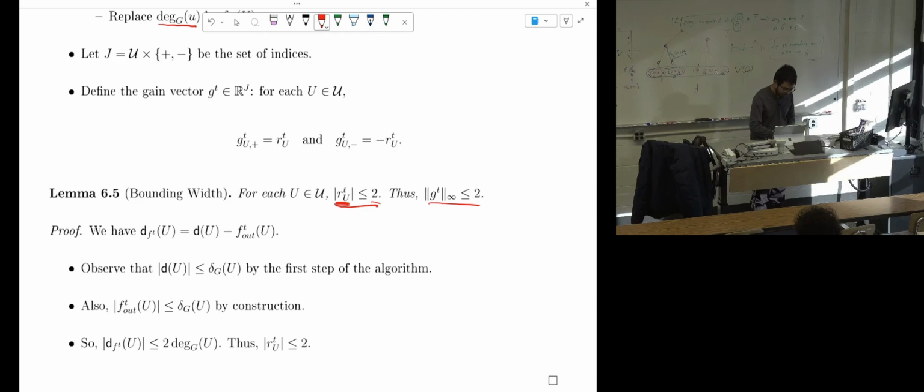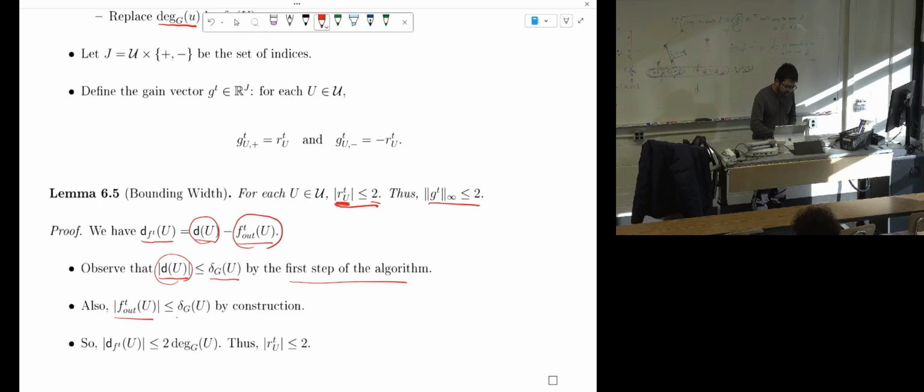Yeah, the total. If you look at the excess at U, which is the total demand at U minus the flow out of U, I'm gonna bound the absolute value of both terms. This is at most the cut size of U because we checked this in the first step.